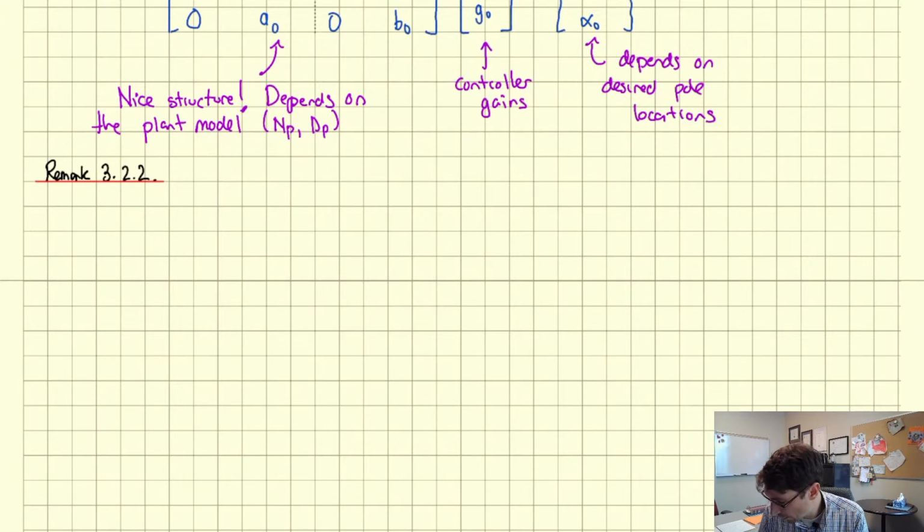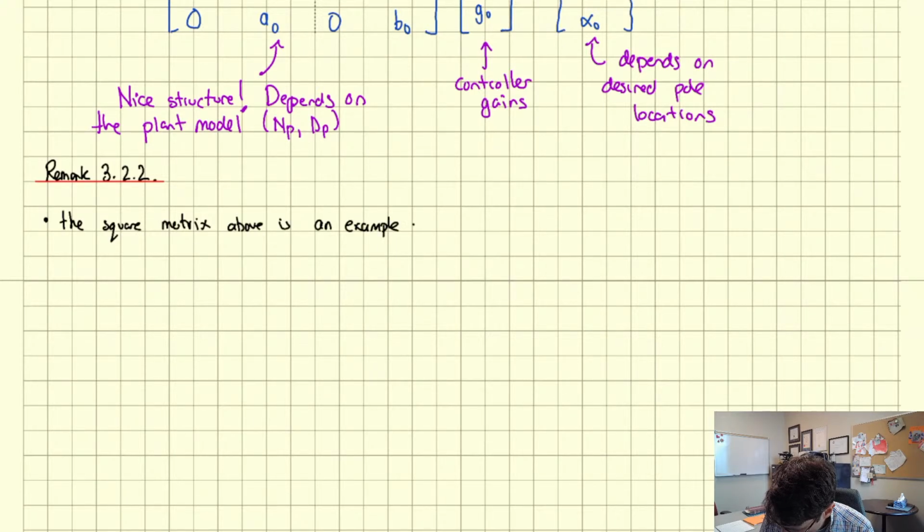First of all, the square matrix that we get up there is an example of a Sylvester matrix. So that's kind of trivia more than anything else. So the square matrix above is an example of a Sylvester matrix.